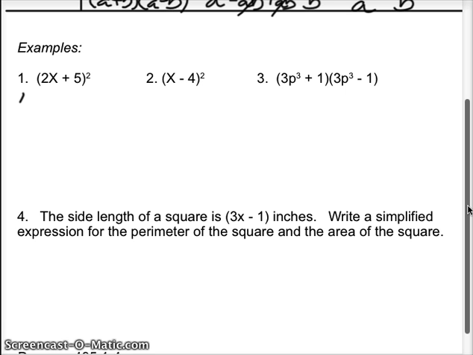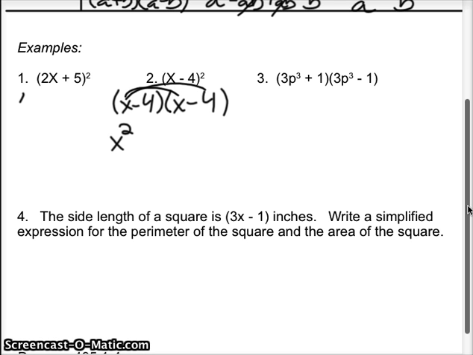All right, this one, again, the first thing I'm going to do is write it out. That squared means I have the whole parenthesis multiplying itself. So first, F for first, gives me x squared. O for outside, x times -4 gives me a -4x.